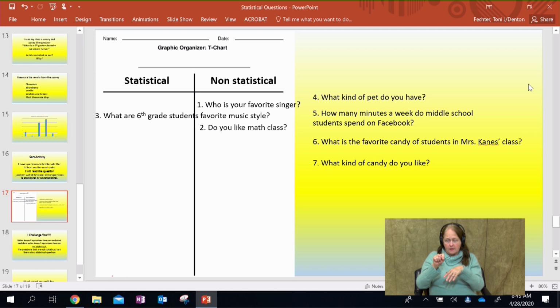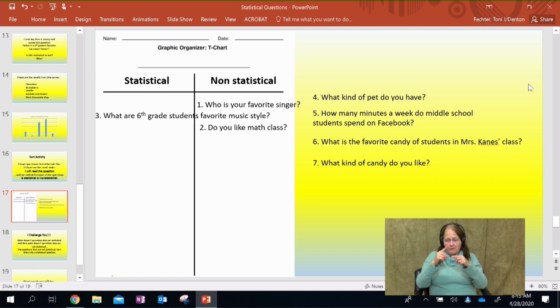Okay, now pets, that would be a variety of things. So it meets one criteria. But again, it says, do you have? I'm only asking you. So I'm only going to get one answer. If I ask you, what is your favorite pet? And you say a dog, I don't have variability there.